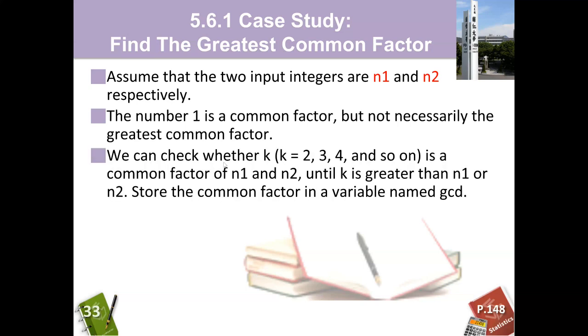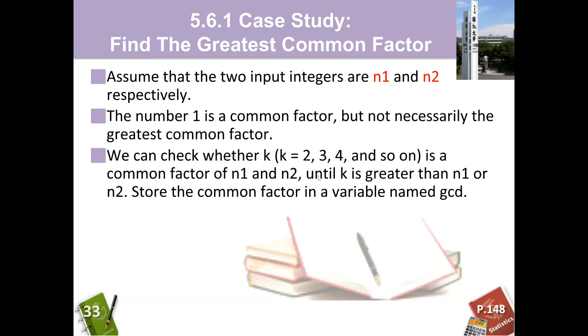So we can check whether k, we will set a variable called k equal to 2, 3, 4, and so on, is a common factor of n1 and n2, but we don't know whether it is. So we will check it. When k can divide both n1 and n2, then we will find that k is the greatest one so far.